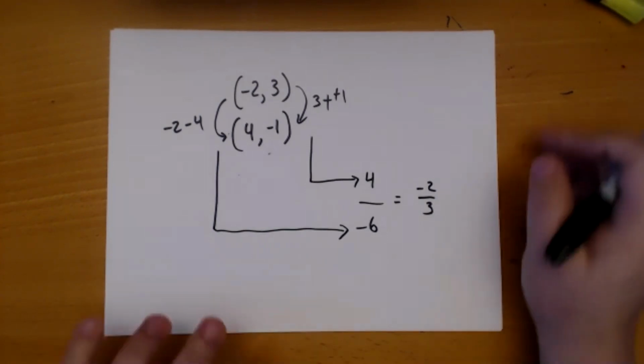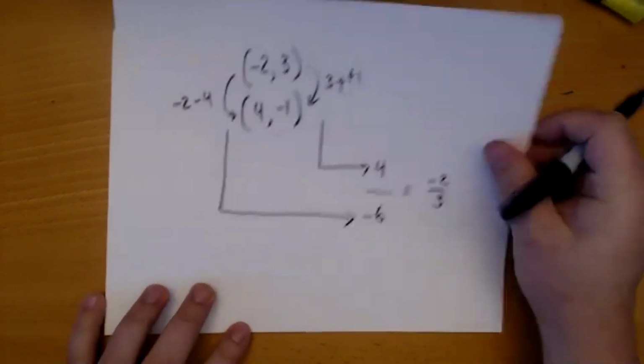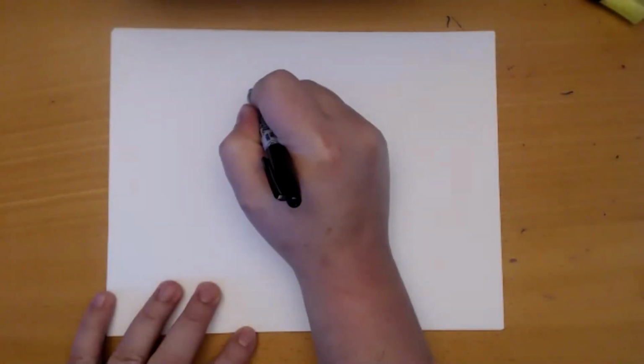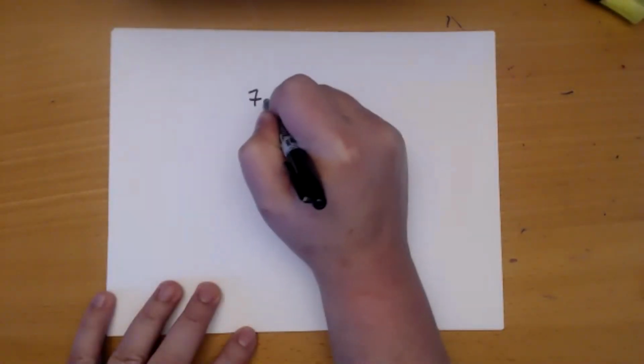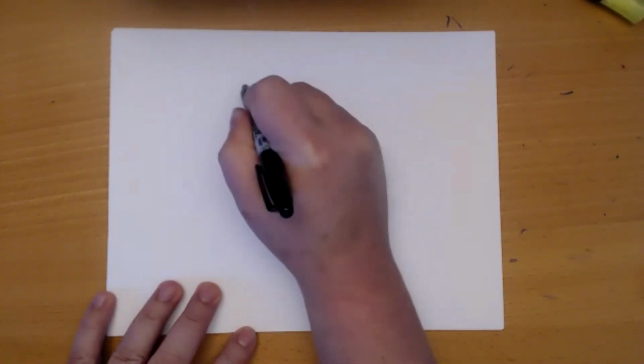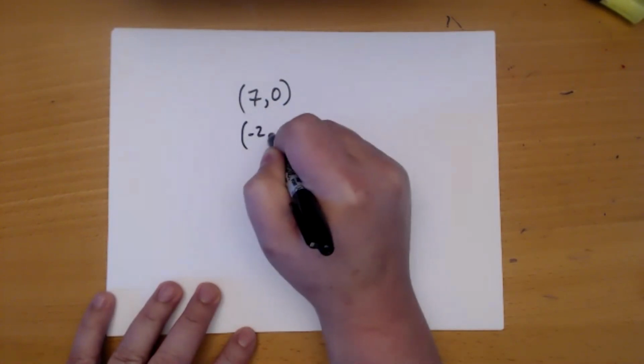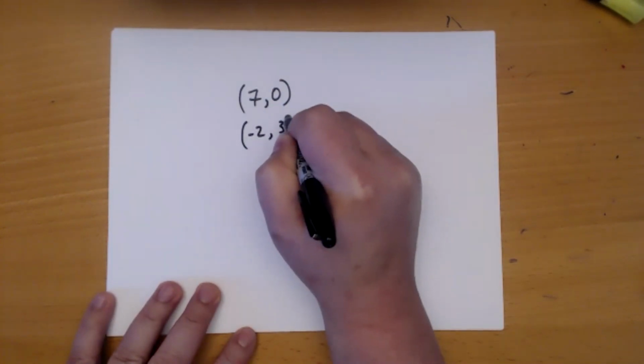Let's do that again. How about (7, 0) and (-2, 3).